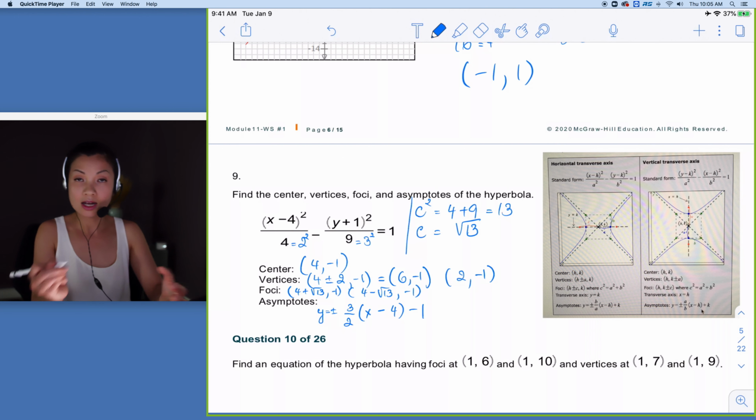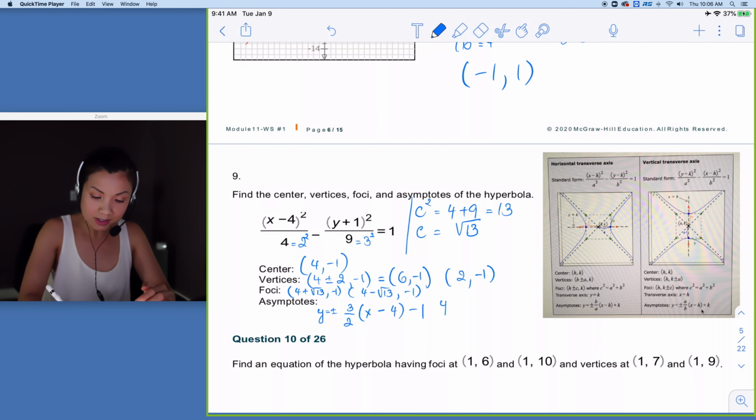Okay, and if you simplify it, you end up with 2 different equations. So if I simplify it, I'm going to end up with y equals 3 halves x minus 7, or y equals, if I use the negative 3 halves, I'm going to end up with negative 3 halves x plus 5.